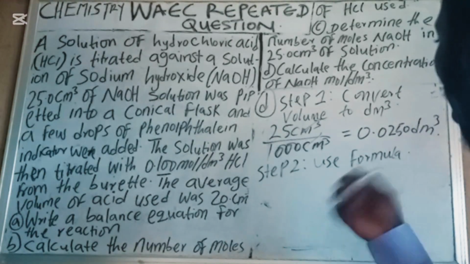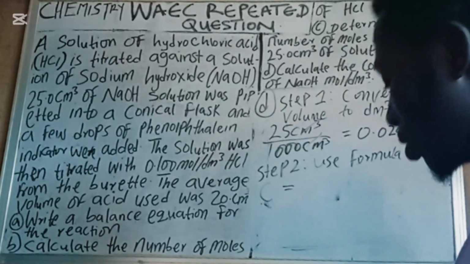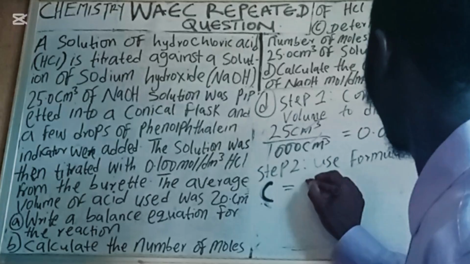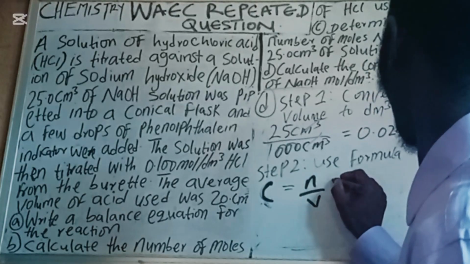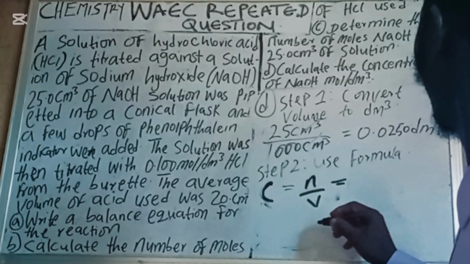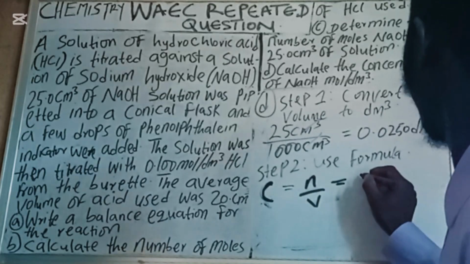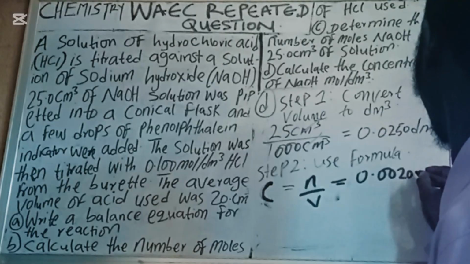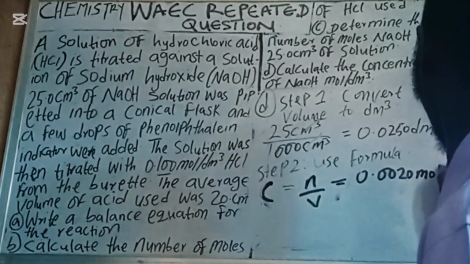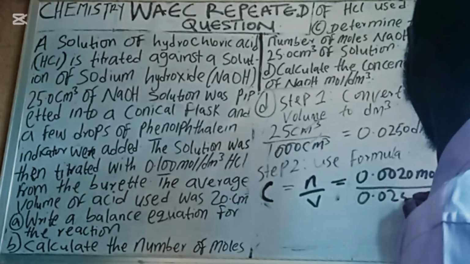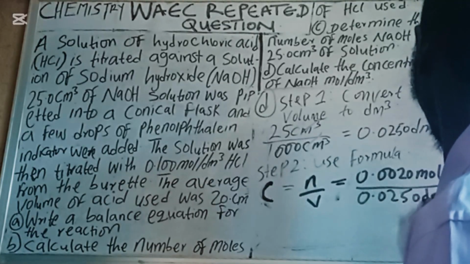Now, this is the formula we're using. C is equal to N all over V. And we already have the value of N we calculated in the question, which is 0.0020 mole all over 0.0250 dm cube.